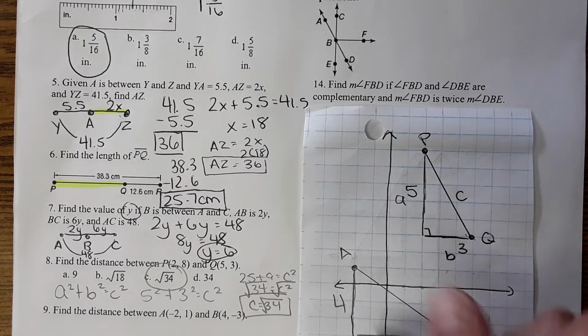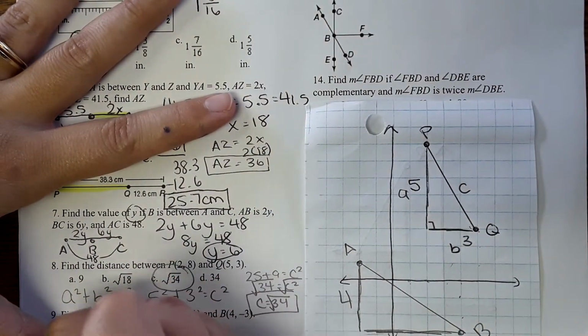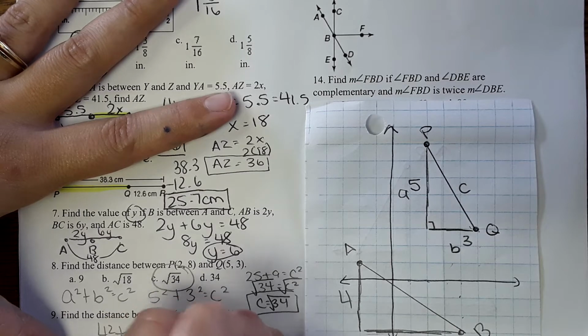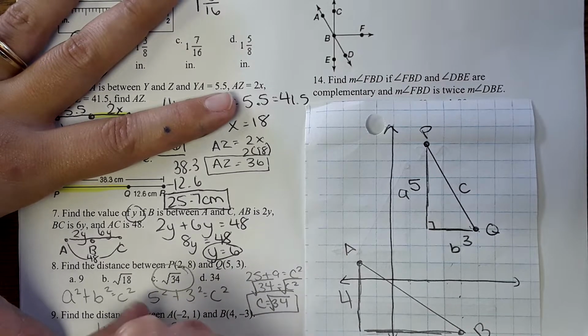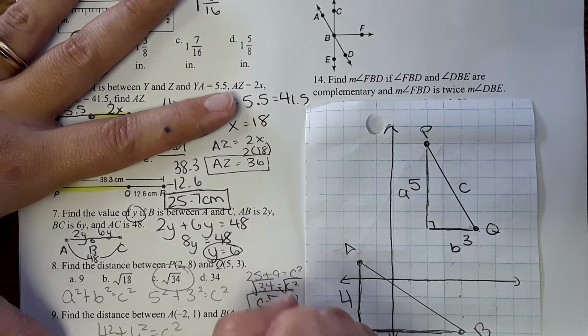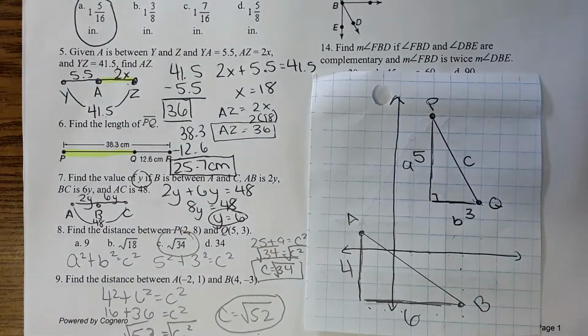Okay, so now that we have it graphed, 4 squared plus 6 squared equals c squared. Comes out to 52 equals c squared. Take the square root of both sides, and c equals square root of 52. So that's your distance. And the answer choice will say square root of 52.